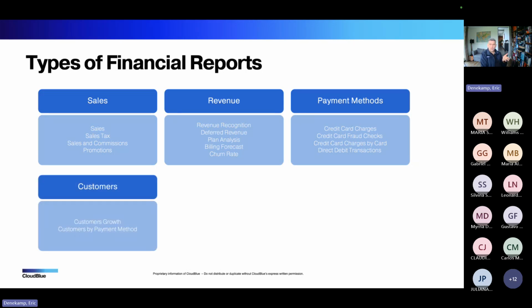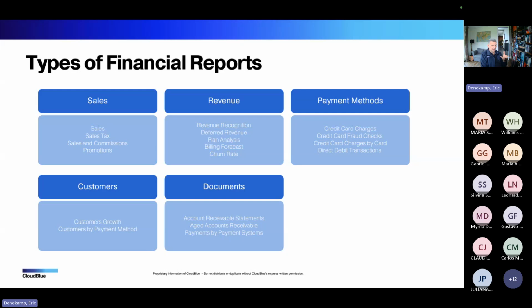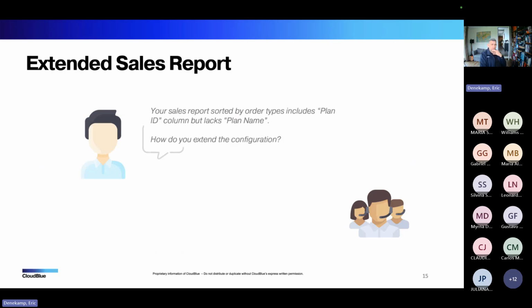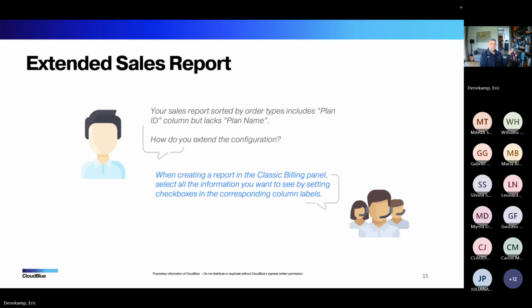We've got the customer growth, something about the accounts receivable documents, what can be found there, and we've got subscription reports. It's up to you what you want, what you need. And of course, we can create those sales reports based on a plan. Classic billing panel. What do I want to export?